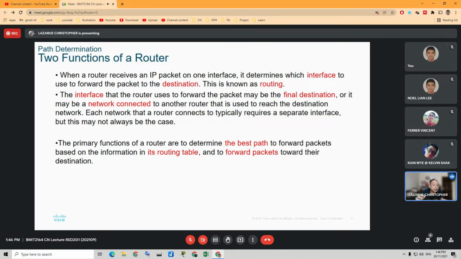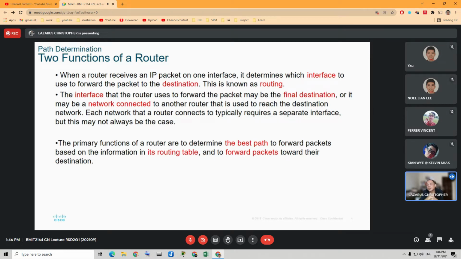Equally, sometimes many interfaces are available for you as a router to forward, and you can still reach the destination. Then you fall back to deciding. The router has to decide amongst the available interfaces which one is the best interface, the one that leads to the best path to forward the packets.